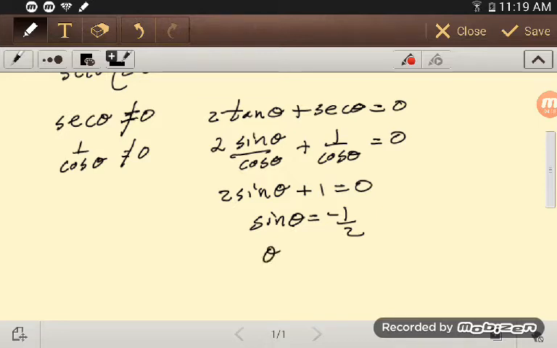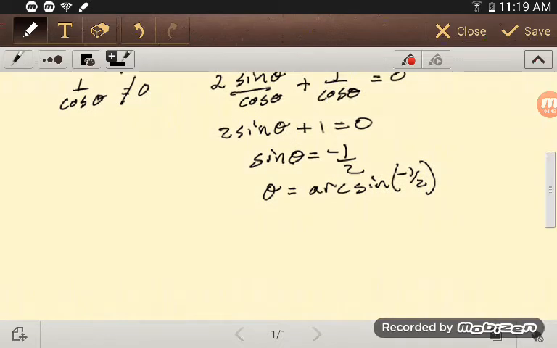If we say theta is the arc sine of negative 1/2, well, that's actually one I know. That's a 30-degree or pi over 6 angle. But now this is negative, so we have to think about when does that happen between 0 and 2 pi.